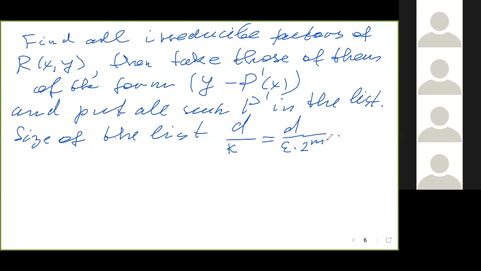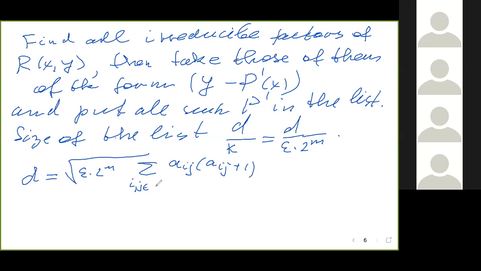So finally, we have described our algorithm. Our d is the square root of k, which is epsilon 2 to the m, times the sum of a_ij plus 1 over all ij.